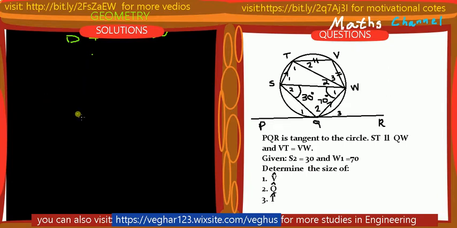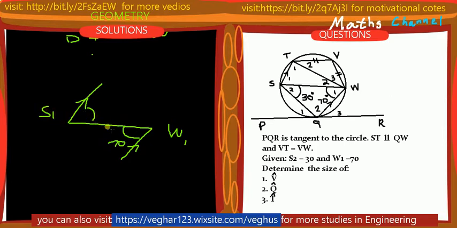So starting with this one, as you can see from this point, we are given this one as 70. Because they are parallel, they are equivalent, that's why you can apply this one. So W1 is equal to S1 because they are alternating angles, so this side is also 70.